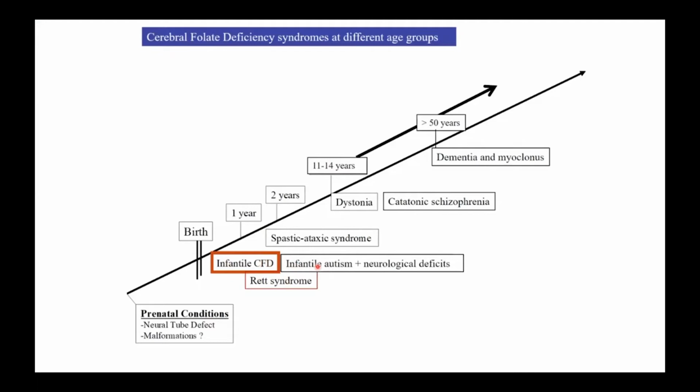We now extended this with the infantile autism with neurological deficit syndrome, and we also found low CSF folate in a number of children with Rett syndrome. You also see spastic ataxic catatonic schizophrenia, which starts at later ages.